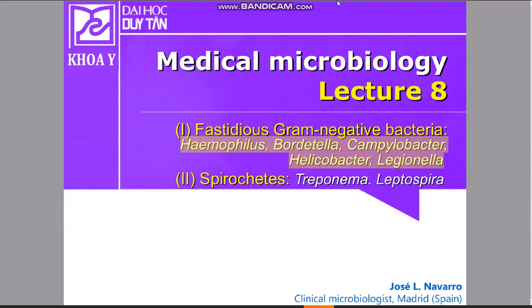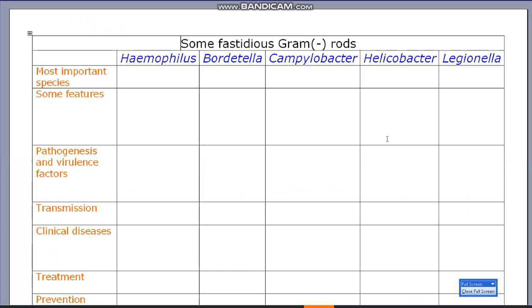Because we know that there is a lot of information here, we think that the best way to study this is using a table like this. So I propose you to prepare a table like this one. And this is the table that we are going to try to fill, okay?